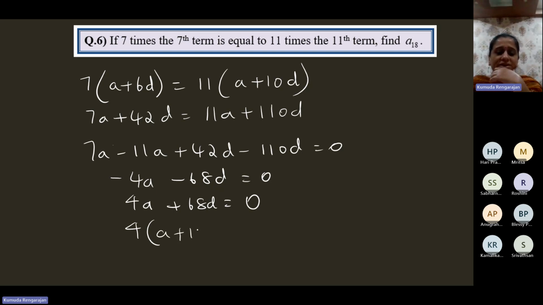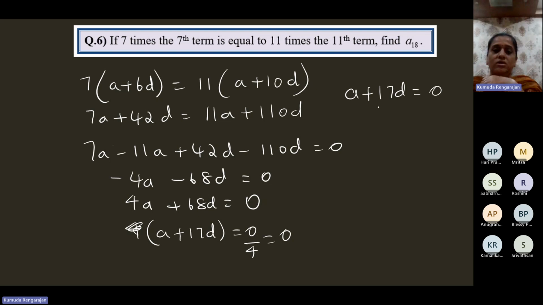So A plus 17D is equal to 0. 0 by 4 is 0. So what is it that you've got? A plus 17D is equal to 0. A plus 17D is nothing but A18. So that means A18 is 0. What is A plus 17D?